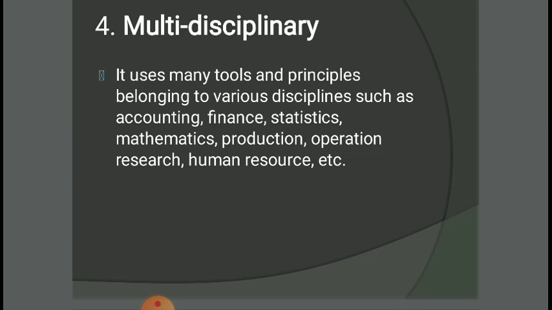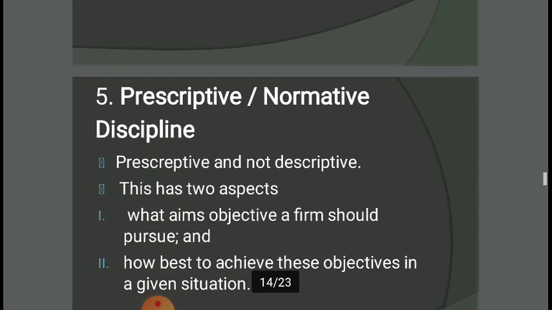For that you require finance. So you are taking the help of finance. Now almost all the subjects are covered just to solve the business problems, and what we are saying is that managerial economics is there to solve the problems by taking the help of almost all the disciplines. So that is how managerial economics is multidisciplinary.